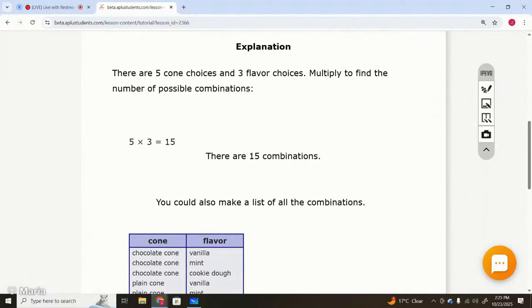So you need to multiply 5 times 3. So 5 times 3 is 15. So the total combinations are 15.